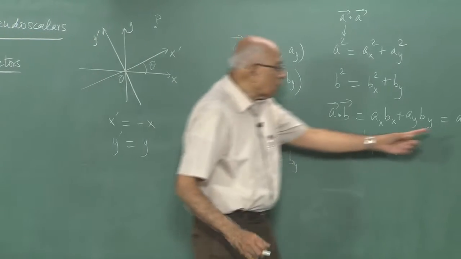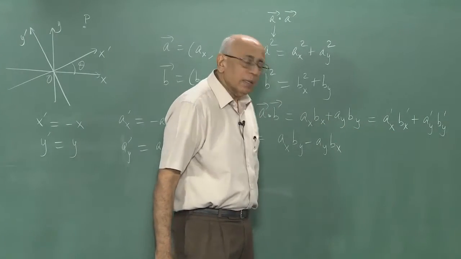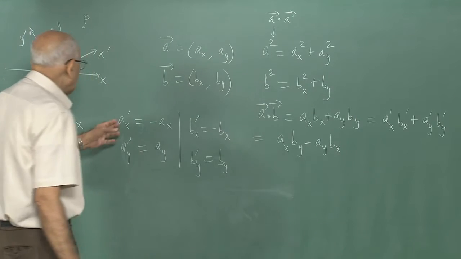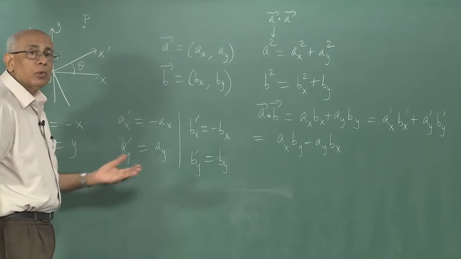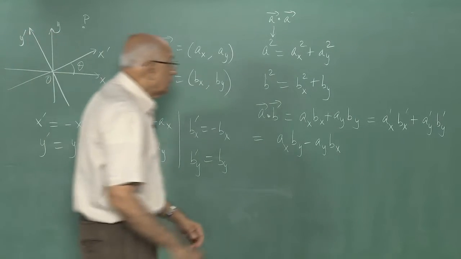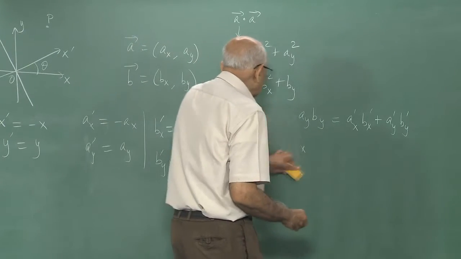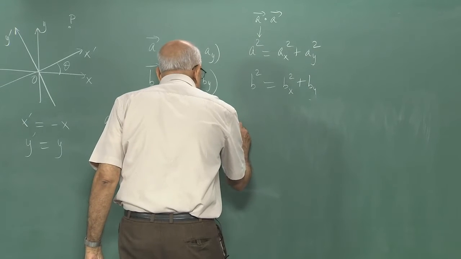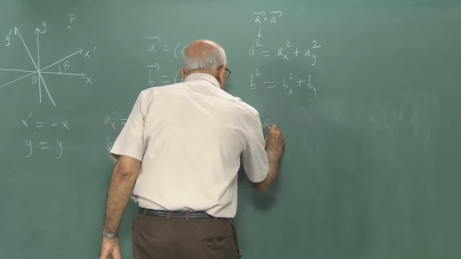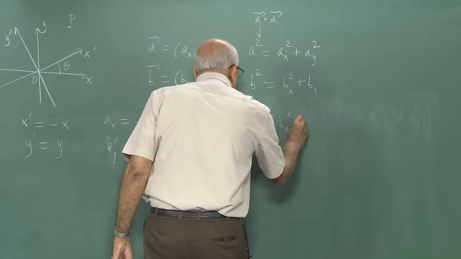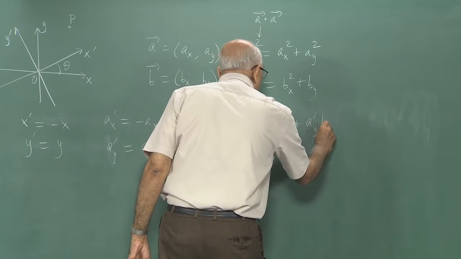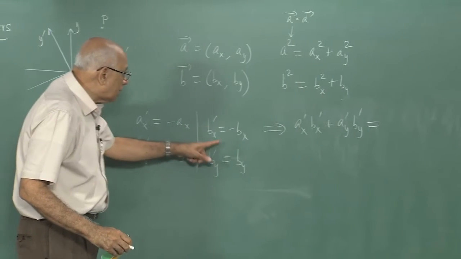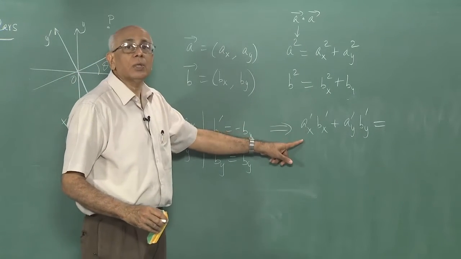What happens to this combination here? It is clear that if this thing changes sign, ax prime goes to minus ax and bx prime goes to minus bx. Under such a transformation, this implies that ax prime bx prime plus ay prime by prime is equal to, this changes sign, this changes sign, so the product does not change sign.